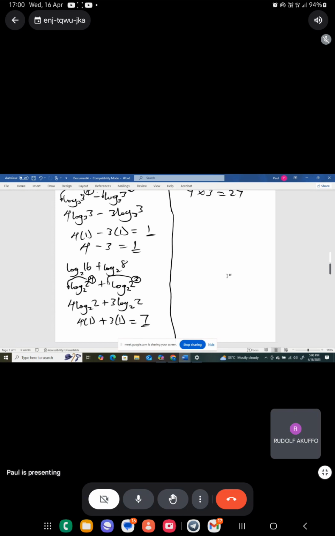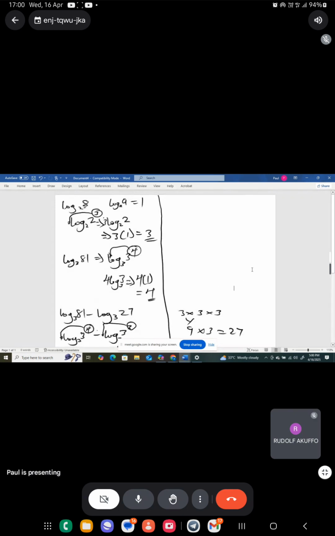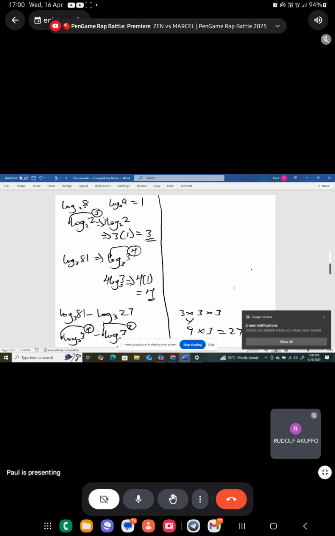Okay. See, these ones are very simple, but they are not that simple.